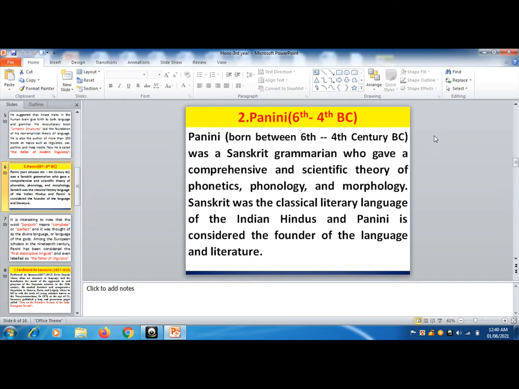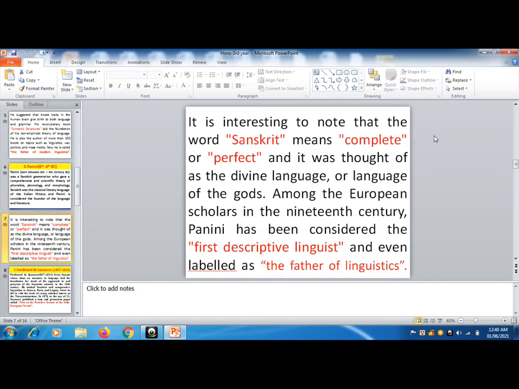Sanskrit was the classical literary language of the Indian Hindus, and Panini is considered the founder of language and literature. It is interesting to note that the word Sanskrit means complete or perfect, and it was thought of as the divine language or language of the gods.